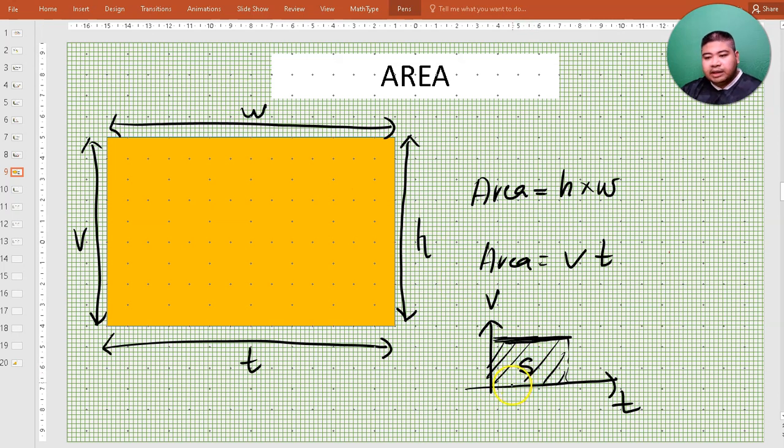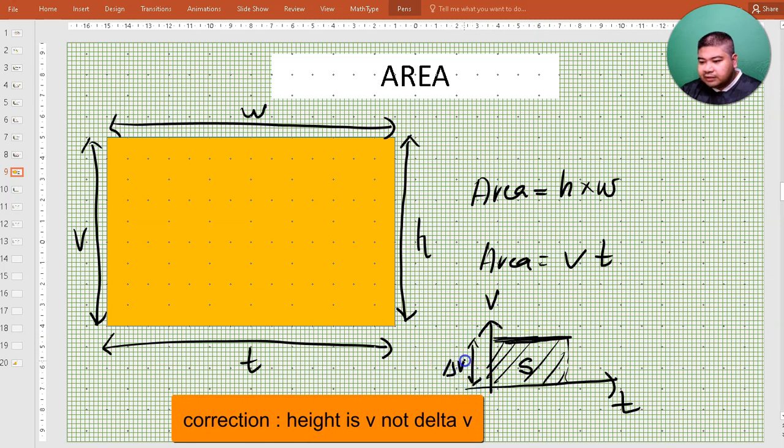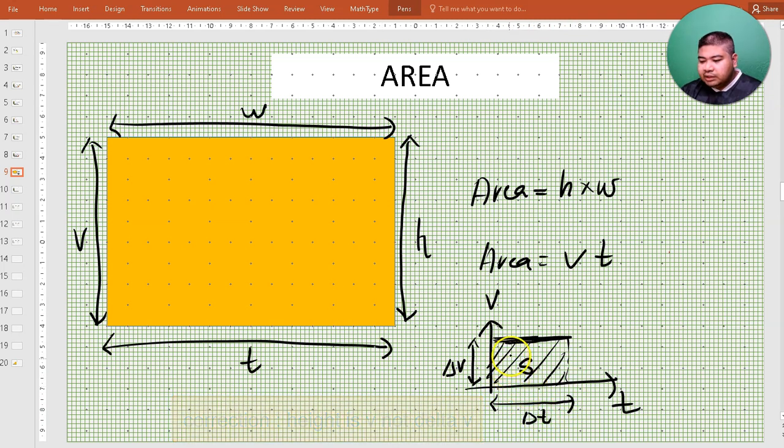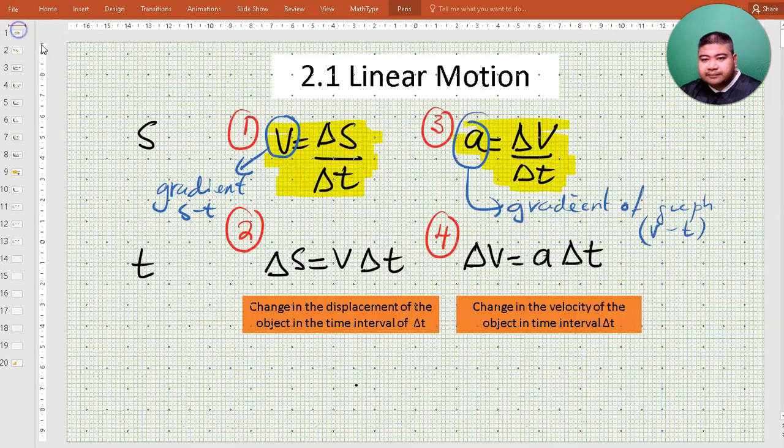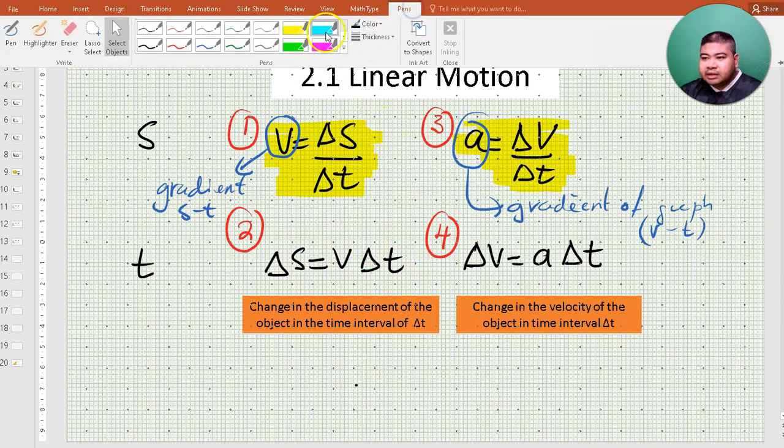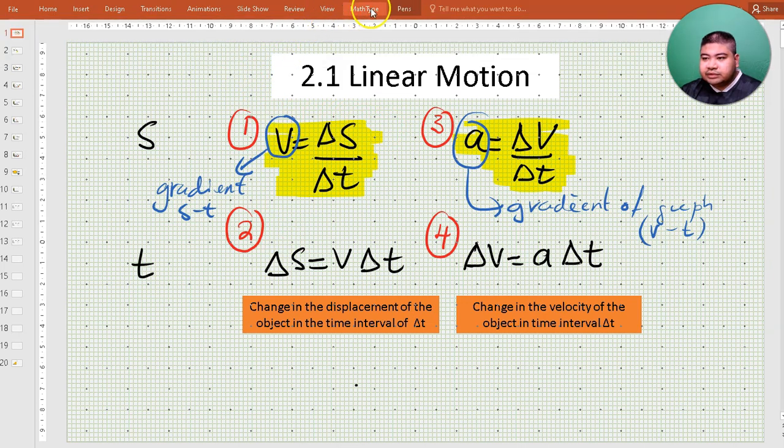If we go back to the first slide, this height is delta V, and this length is delta T. So delta S equals V delta T. That means S is the area under the graph VT.